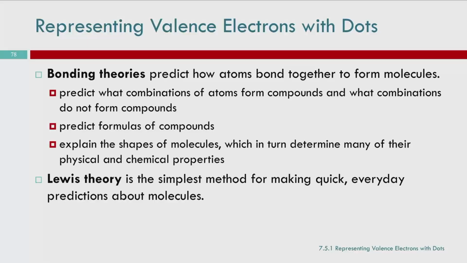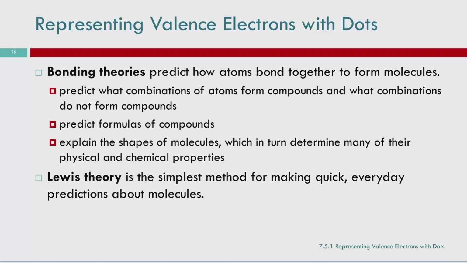to get further up. What we really need to know for bonding theories is the valence electrons. We are going to be learning how to represent valence electrons as dots. It's not that hard, but the rest of the stuff that we do with it can be confusing. So we've got bonding theories. Bonding theories predict how atoms bond together, how they connect together, link up to form molecules. These will predict what combination of atoms will form compounds and what do not form compounds.